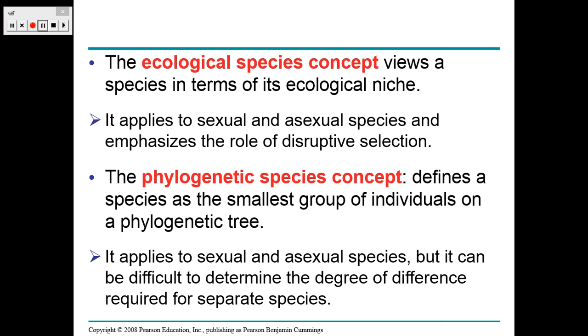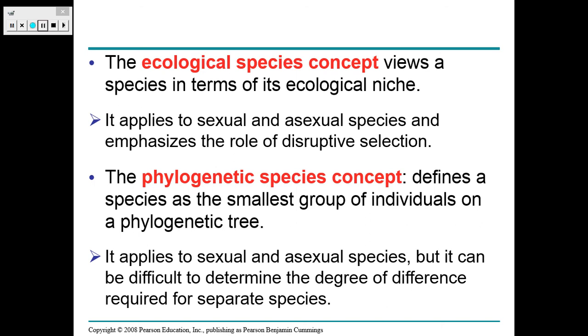But remember that only one species can occupy the same niche. You can't have more than one species occupying the same niche. Because of that, we can define species based upon their niche because there's only one per niche. That's great because it applies to asexual and sexual species.